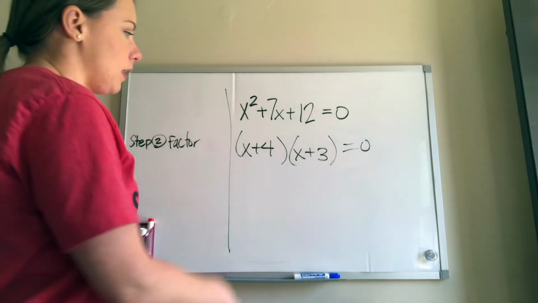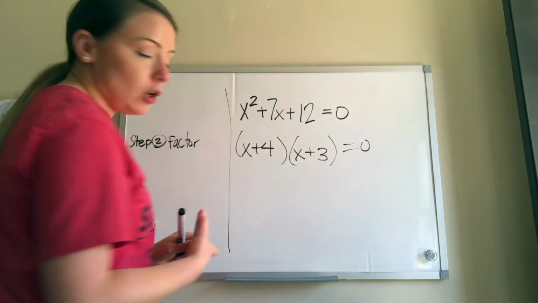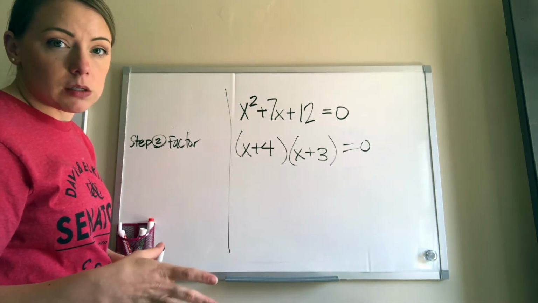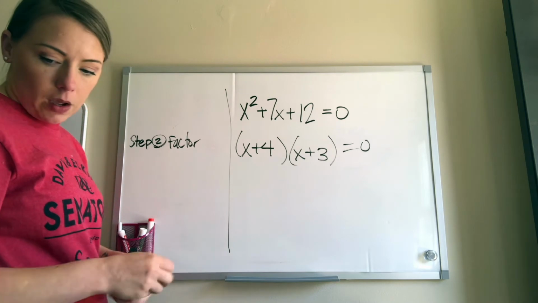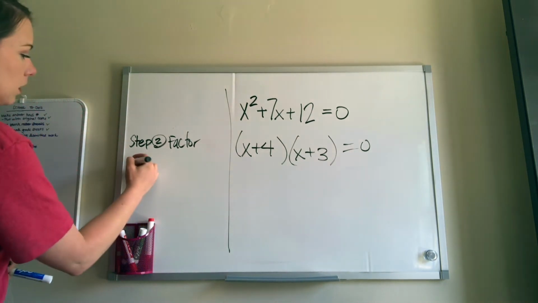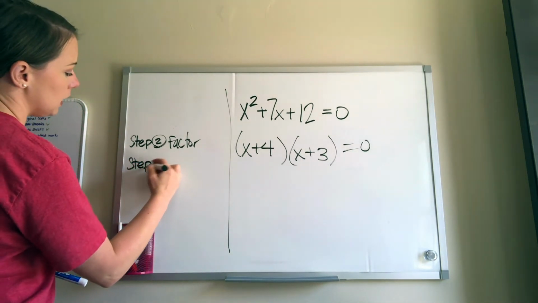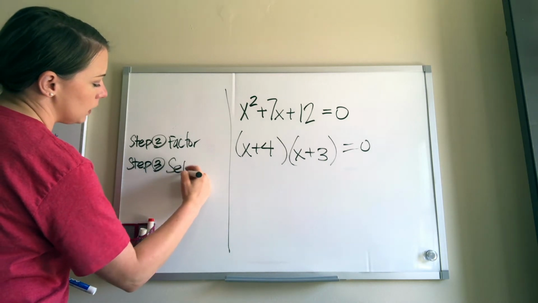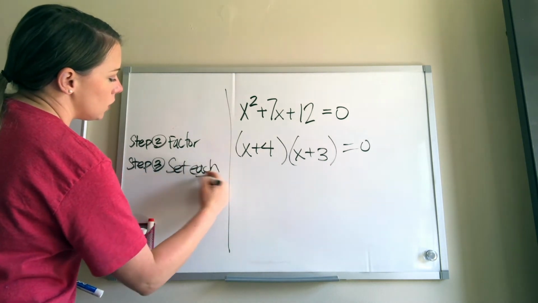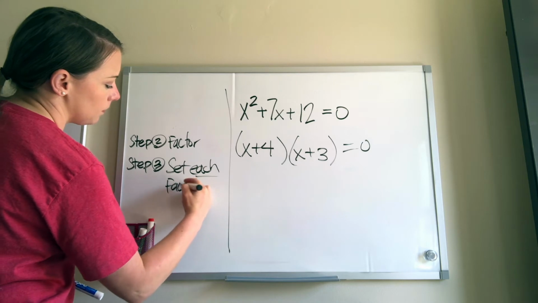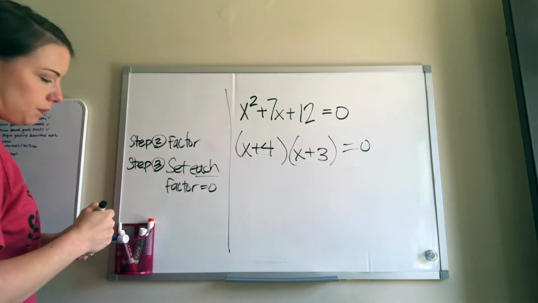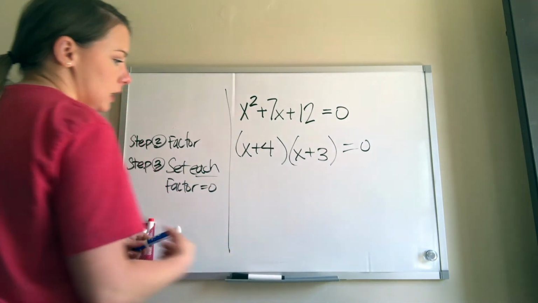But I'm going to take each one of these binomials and set them equal to 0 individually. So step 3, we're going to set each factor equal to 0.